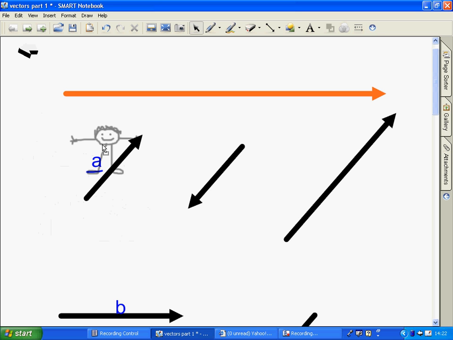We could say that's vector A. Now if this is vector A, if Bob then pushes with the same magnitude or force but in the opposite direction, we would say this is vector minus A. If Bob wishes to push in this direction, it's the same direction as A, but twice as hard. It's pushing twice as hard, the vector is twice as long. We would say this is vector 2A.